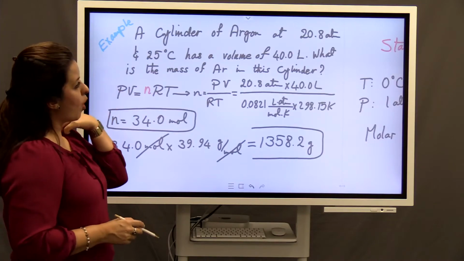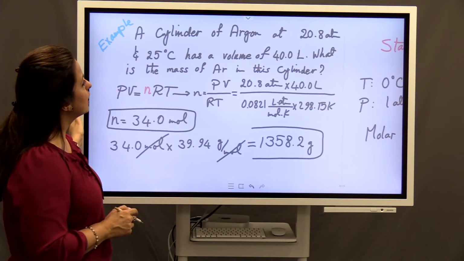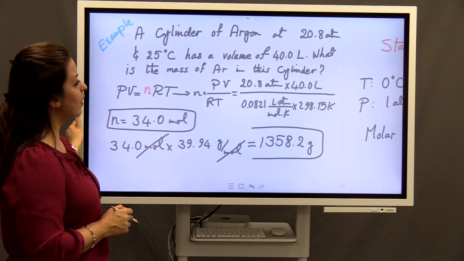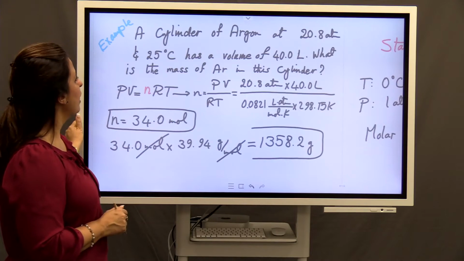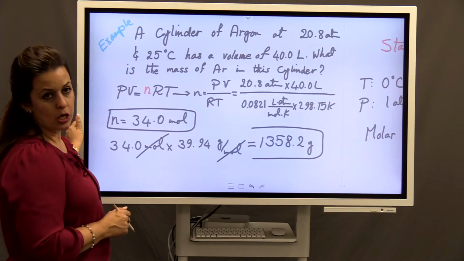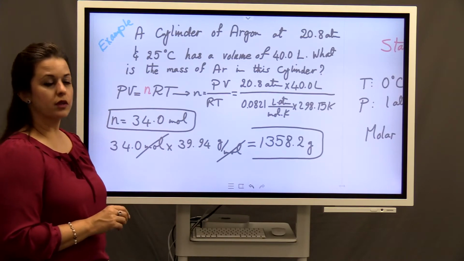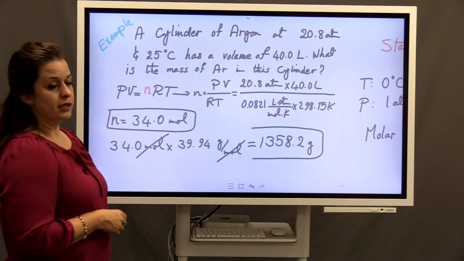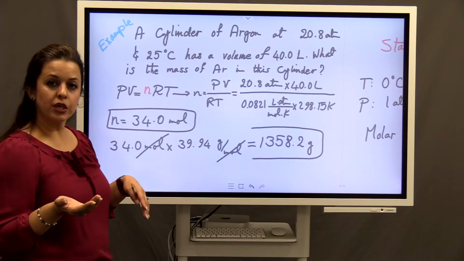A cylinder of argon at 20.8 atmosphere and 25 degrees Celsius has a volume of 40 liters. What is the mass of argon in this cylinder? There are two signs that show you need to use the ideal gas law. First, you don't have initial and final conditions.